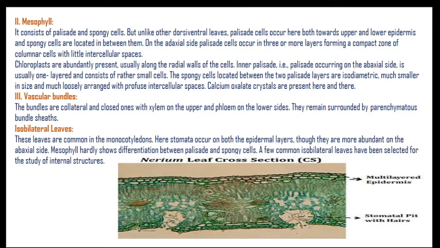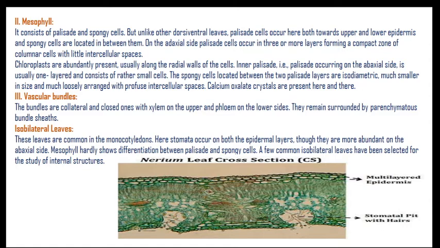These chloroplasts are abundantly present within the palisade parenchyma along the radial walls. The palisade occurring on the abaxial side is usually one layered and consists of rather small cells compared to the upper side.